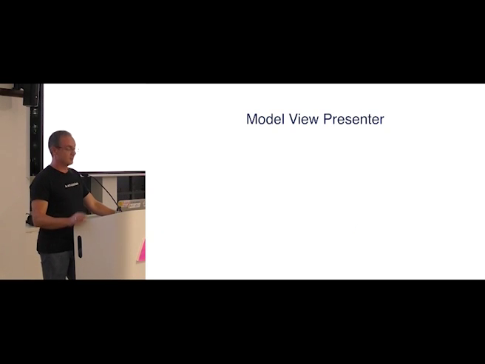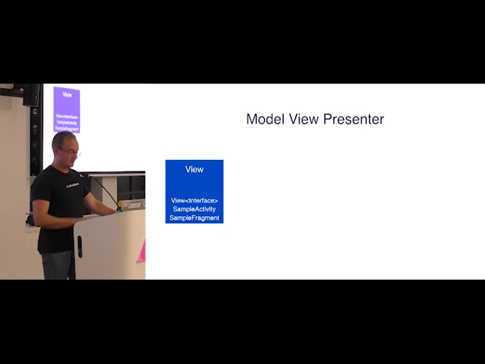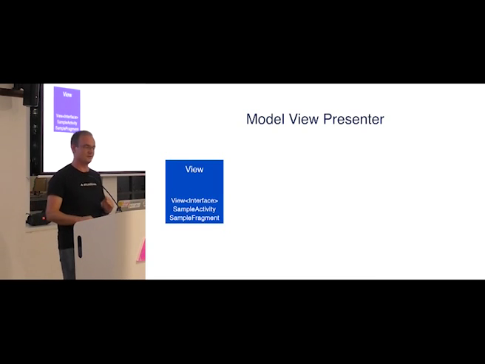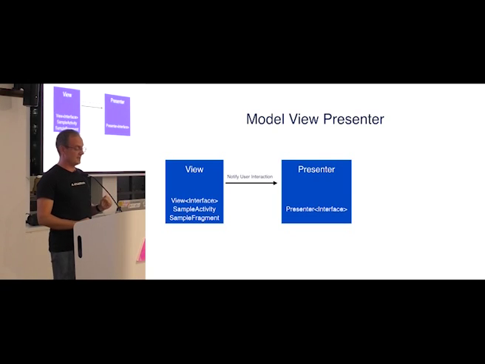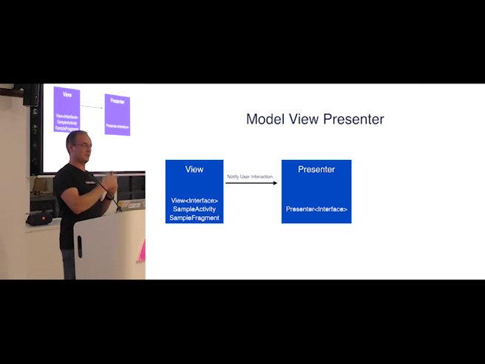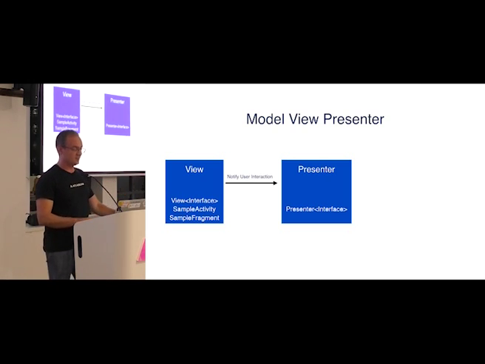If we talk about model view presenter, this is pretty much the same diagram for all three of them, but the view this time is represented as an interface, and the presenter is represented as an interface. Exact implementations know about the interfaces of each other. So for example, the presenter holds a reference to an object of the view interface type, and vice versa.